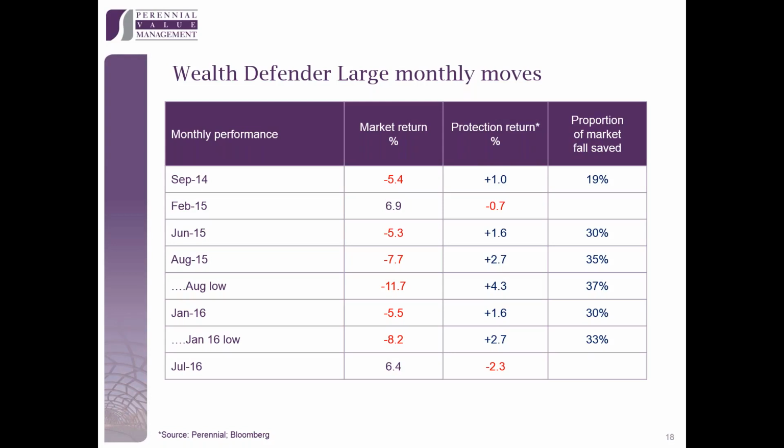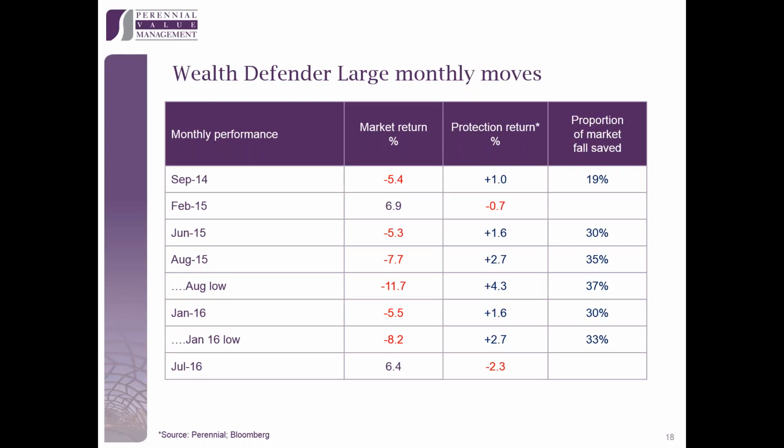None of these falls, 5%, 5%, 7, 11, 5, and 8, are really what we would call significant market falls. What we will find with the portfolio, given the way the optionality works and the convexity in it, is that the percentage of market falls saved will get bigger and bigger as the market gets worse and worse.